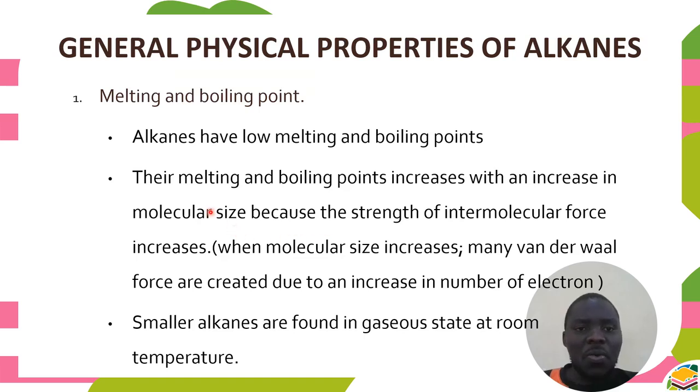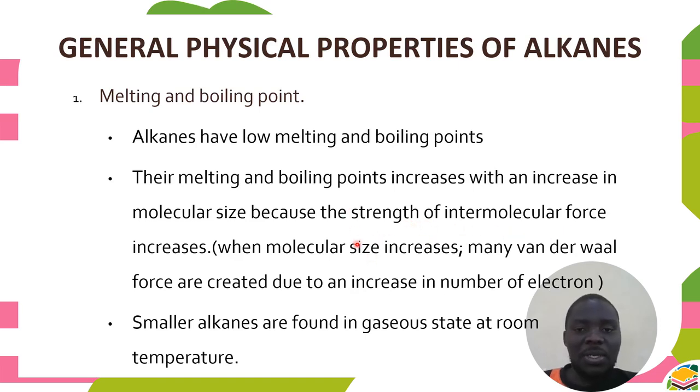So what makes their melting and boiling point increase as the molecular size increases? As the molecular size increases, we expect that there are many electrons. As the number of atoms increases, there will be many electrons, so there will be more distortion of electrons, so they will create a lot of weak intermolecular forces.